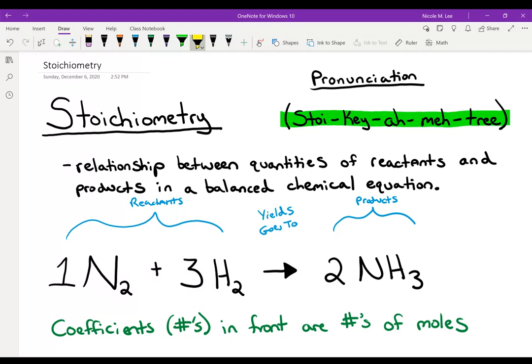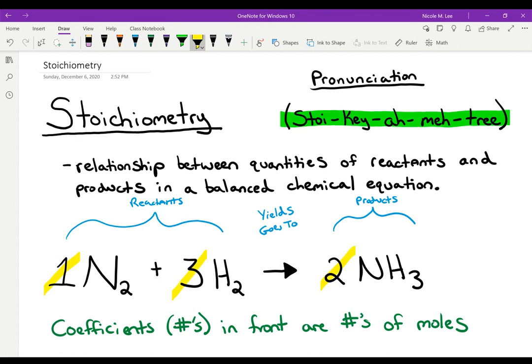So in this case, you can see there's a 1 out in front of nitrogen. We have a 3 in front of our hydrogen, and then a 2 in front of NH3. And so by putting those numbers out in front, that makes sure that we have 2 nitrogens on both the left hand and the right hand side, 6 hydrogens on both the left and right hand side of that arrow.